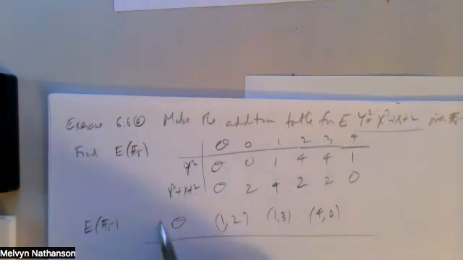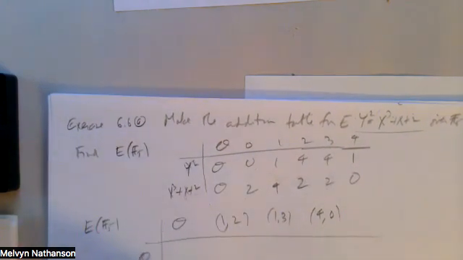And to find the addition table, I have to add them. Adding the point at infinity is like the identity. So adding this to any point just leaves the point.